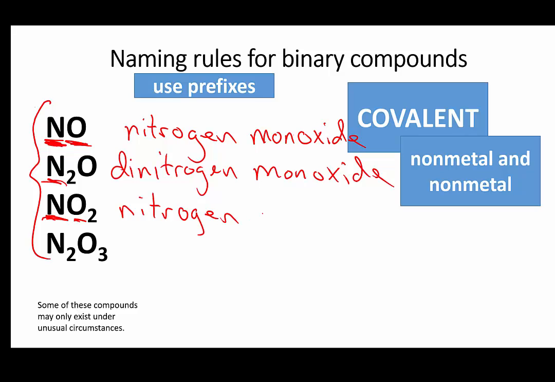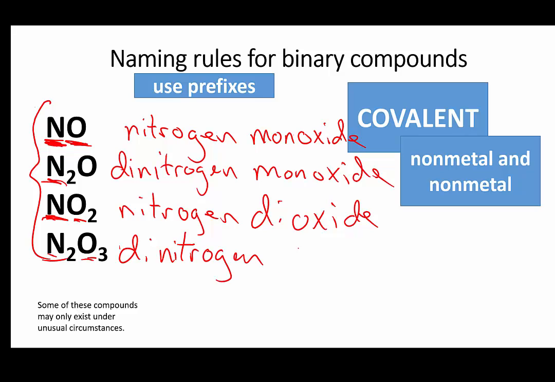And now we have 2 oxygens, so the prefix for 2 gives dioxide. Nitrogen dioxide. And this, 2 nitrogens and 3 oxygens, is going to be dinitrogen trioxide. And you can look up those prefixes on your reference sheet.